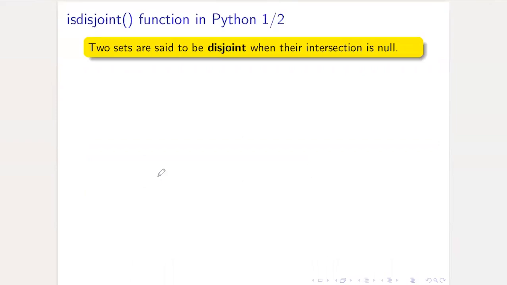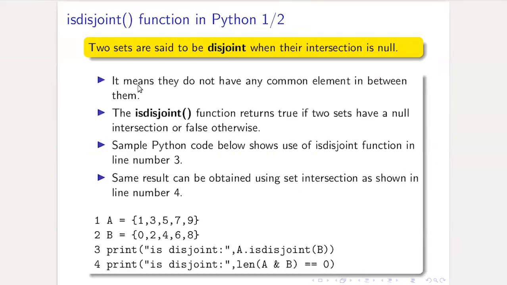Then there are other methods available to test out the set properties. We can give as input 2 sets and see whether their intersection is null, whether the 2 sets are disjoint. These are mathematical concepts you are already very much familiar with. So Python provides direct built-in functions to test this.